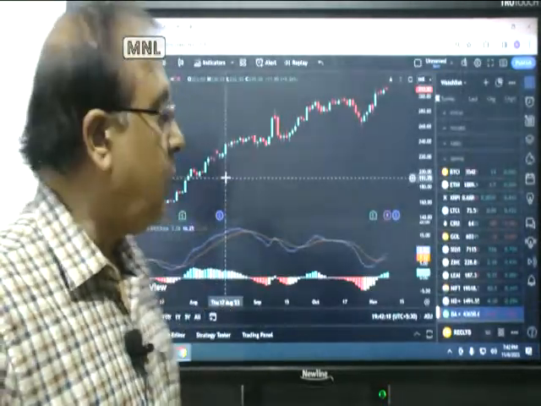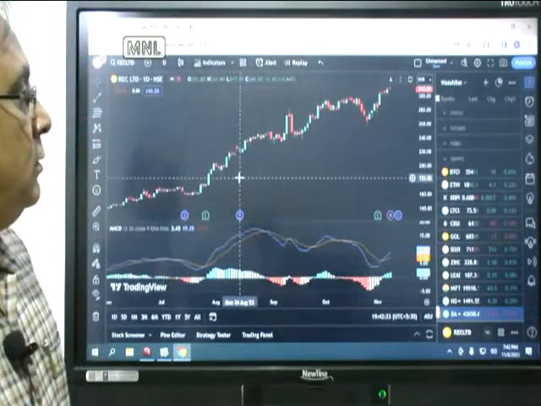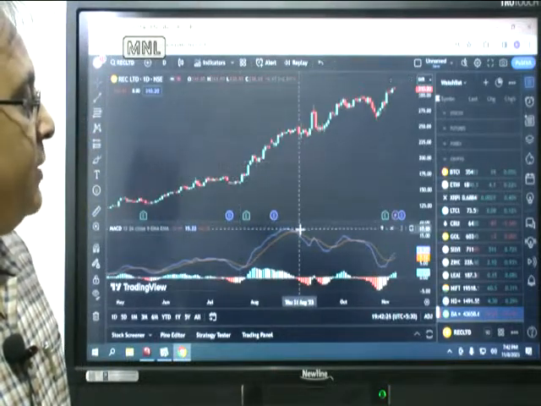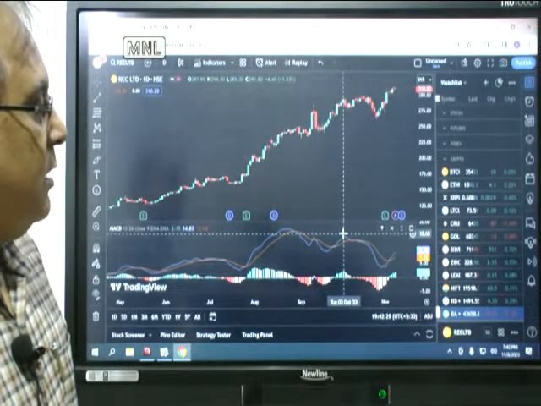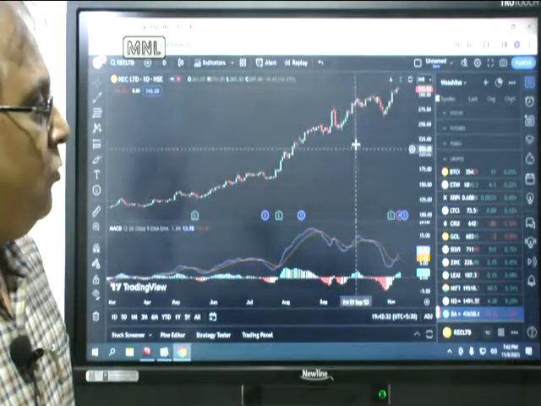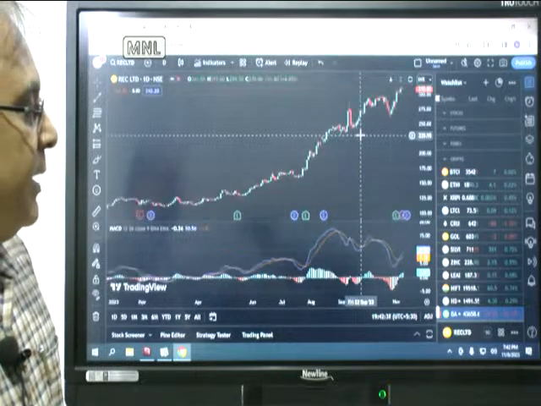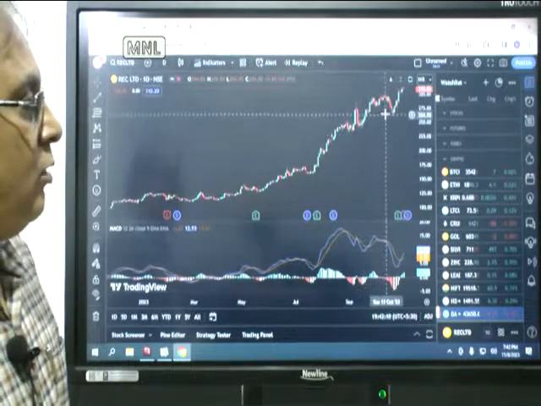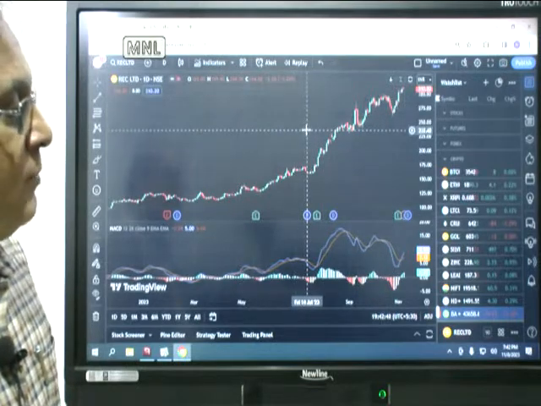So here is the same case, not a conspicuous divergence. There was some divergence on the daily chart, but it's okay. I mean, it's not deep. So probably you could always look at whether to buy at this particular level on dips. We could always have looked at it. So RECL is one stock which is doing extremely well.